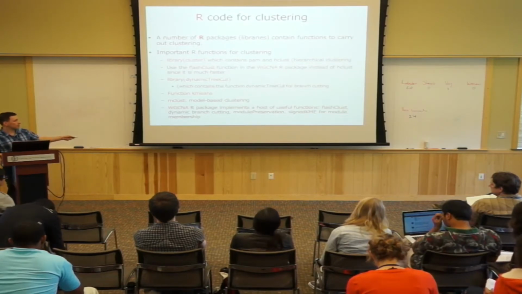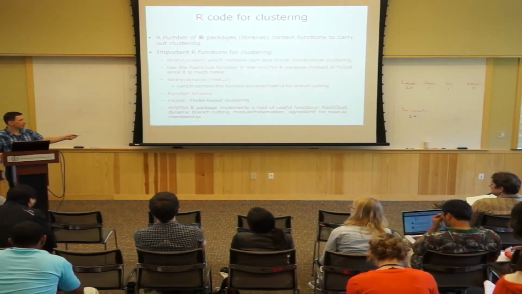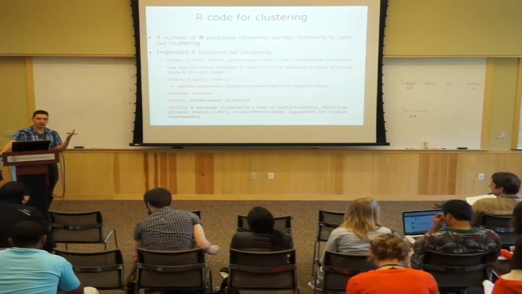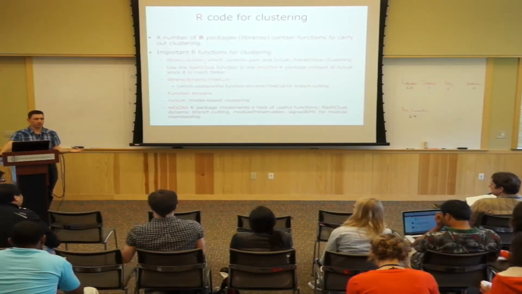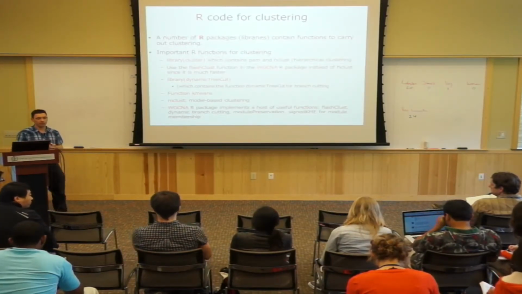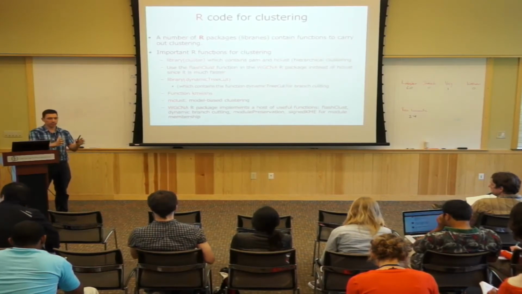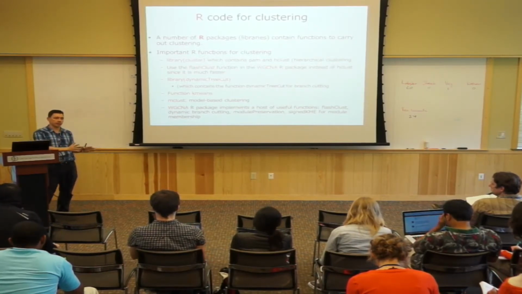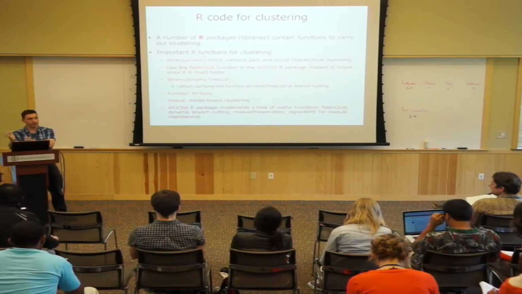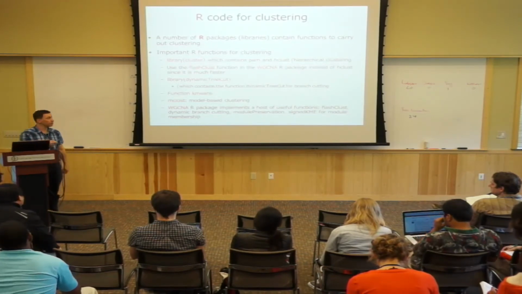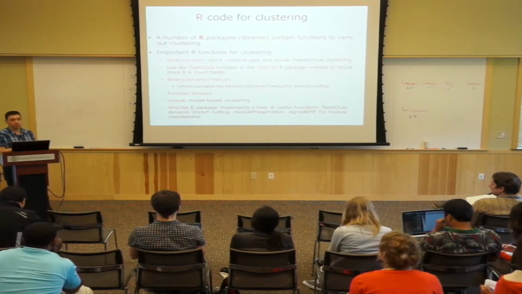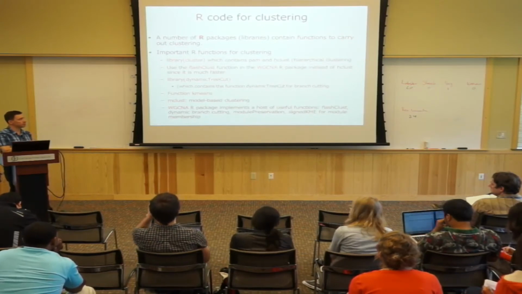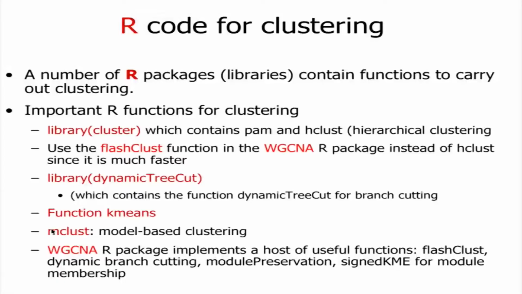For example, hierarchical clustering, but also how to evaluate whether clusters are preserved between different data sets. Because that is a very important task, to check whether the cluster that was found in one data set can also be found in another data set. And to do that, you need what we call module preservation statistics. So later today, I'll teach you that.